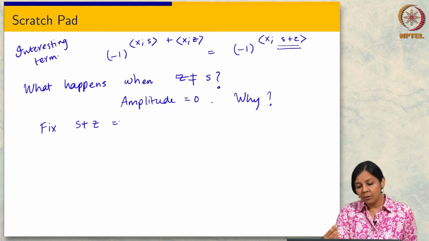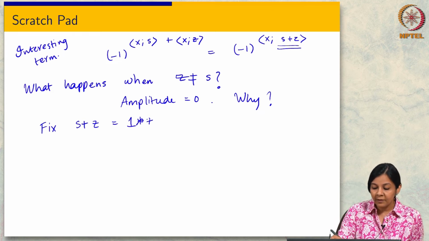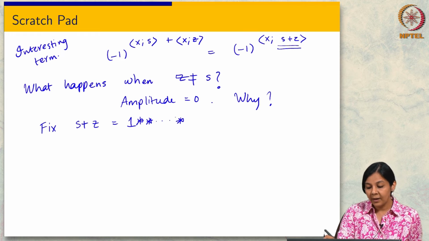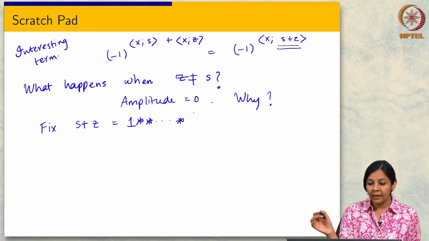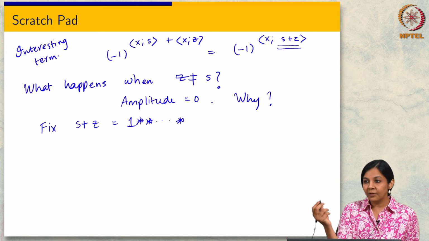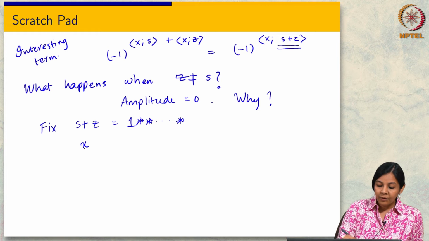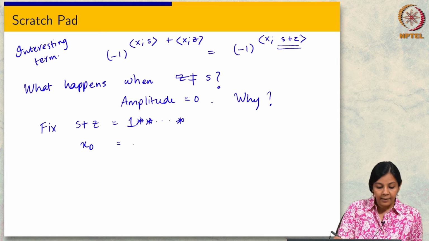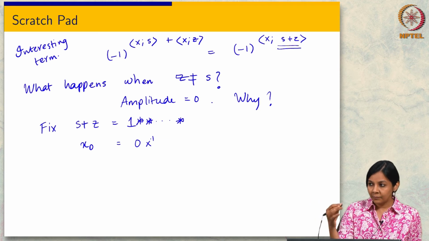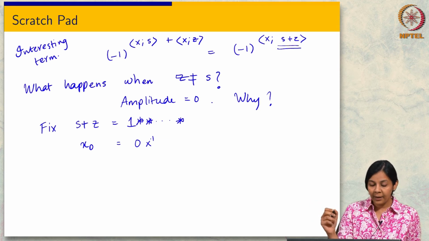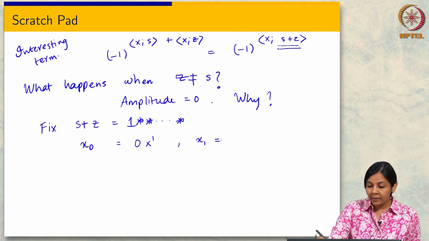Without loss of generality, let me think of this as starting with 1 and then having any characters after that. This is without loss of generality, because if it starts with 0, I can just take the first 1 that occurs. Now consider an x0, which is 0 followed by some string, which I will call x prime, and x1, which is 1 followed by x prime.